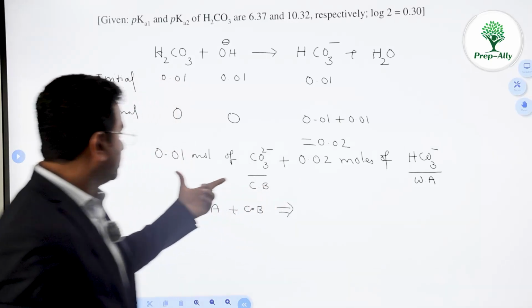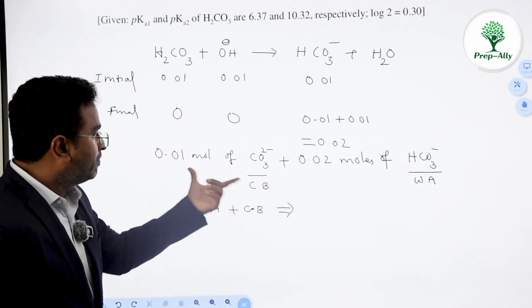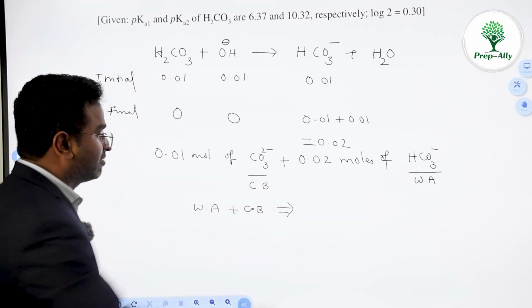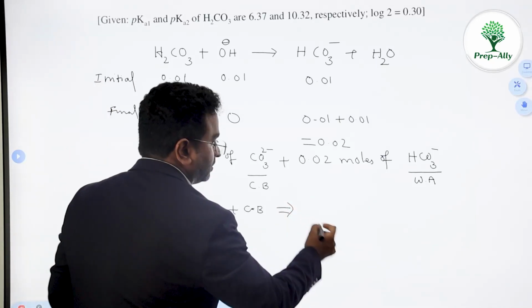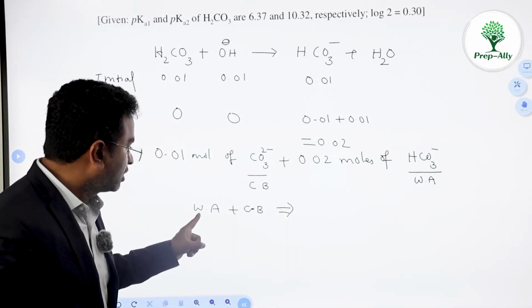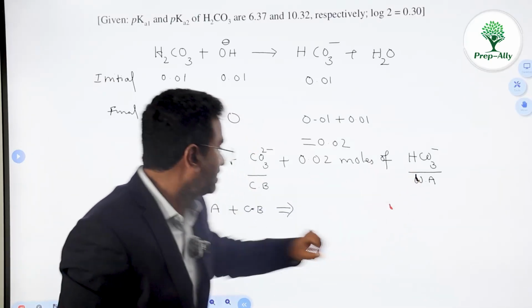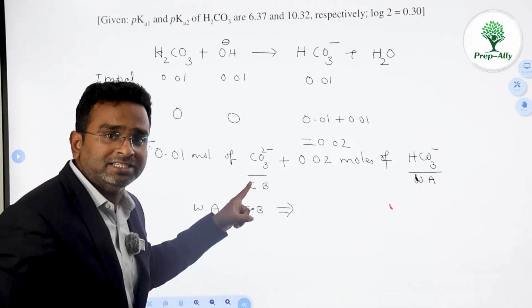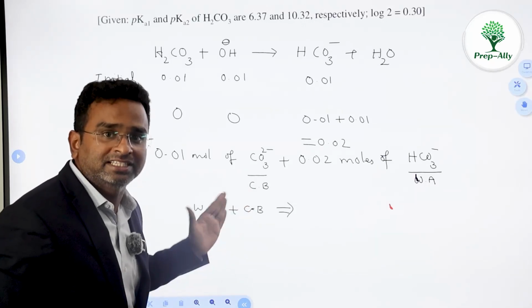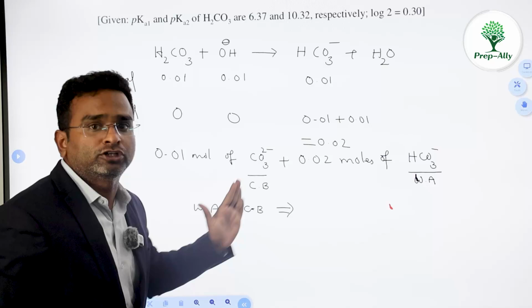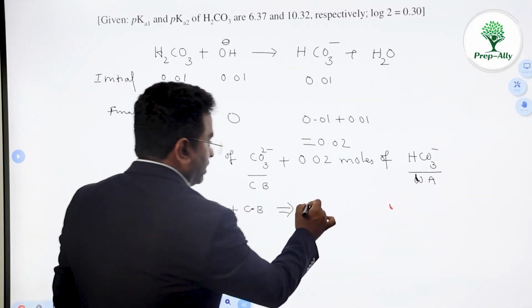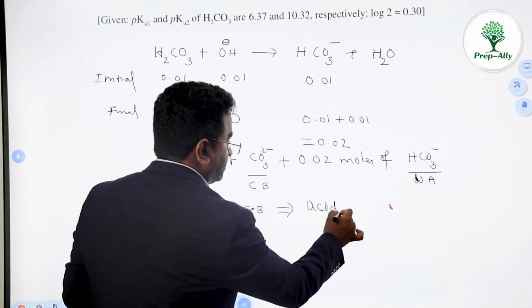So this mixture will serve as an acidic buffer, because it is a combination of a weak acid, HCO3- bicarbonate, and its conjugate base, carbonate, so it is an acidic buffer with respect to bicarbonate.